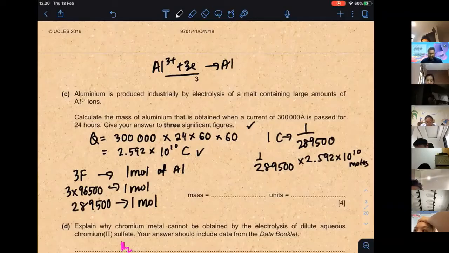If you calculate that, you get 89533.68 mole.